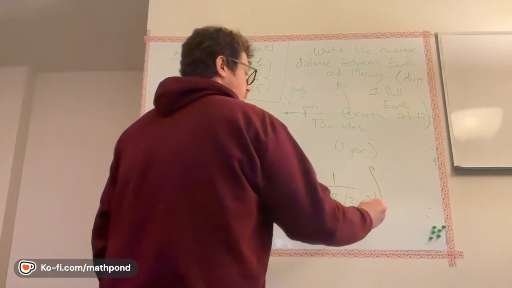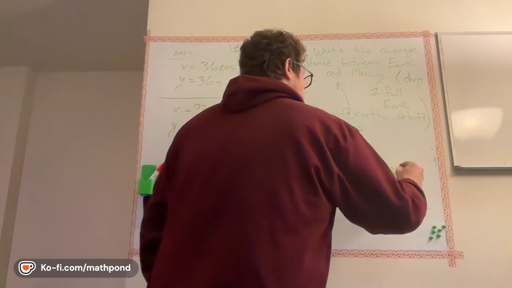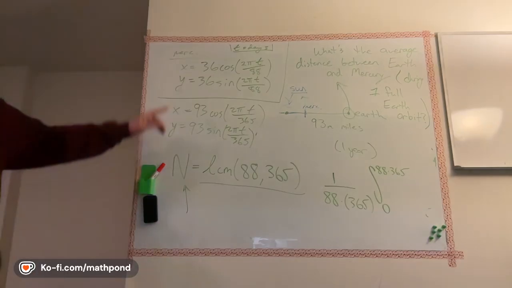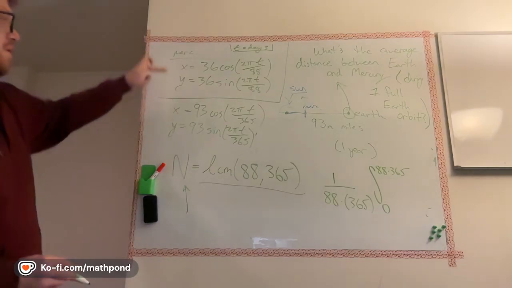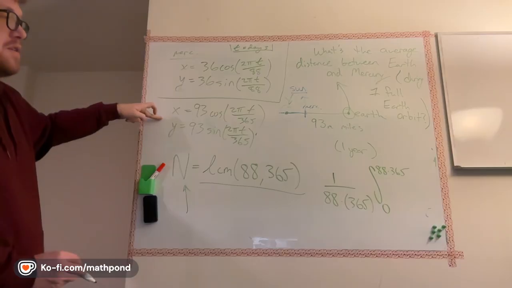Integral from 0 to 88 times 365. Then it's going to be the distance between these 2 points at any given time, times dt.